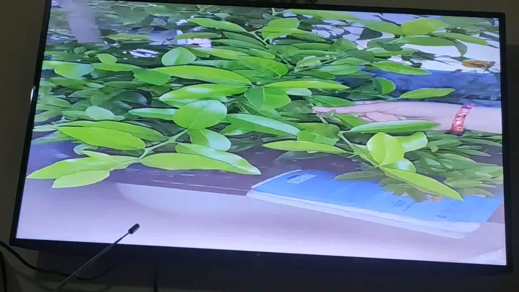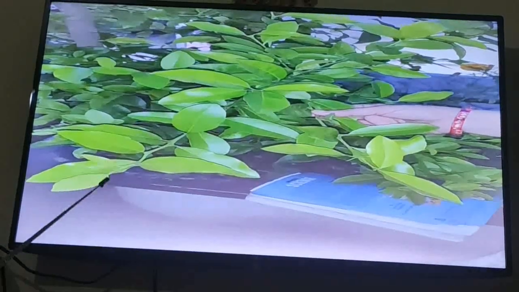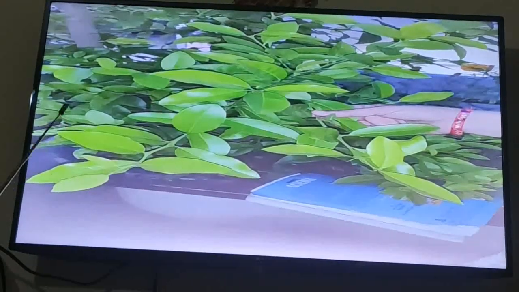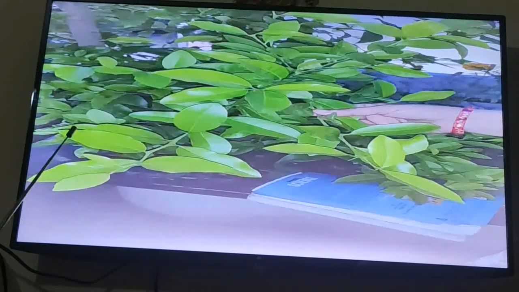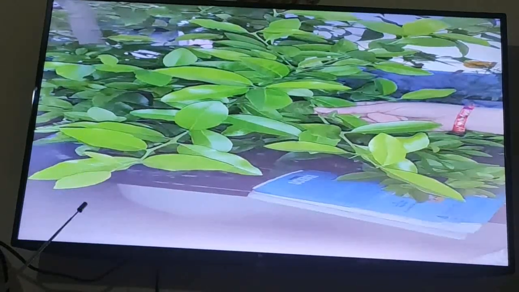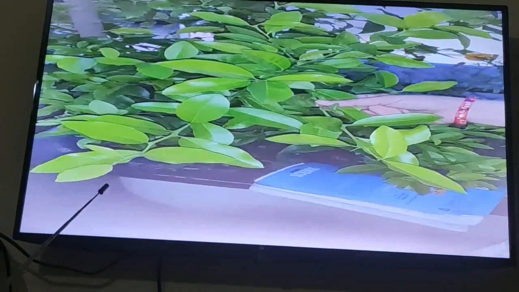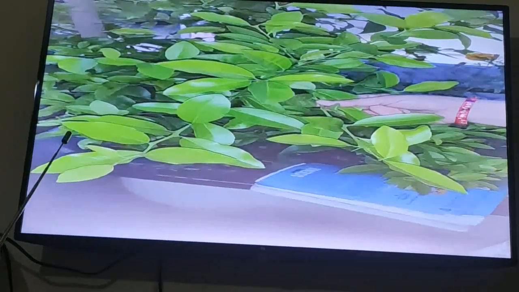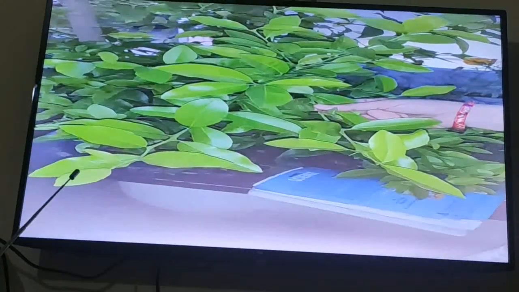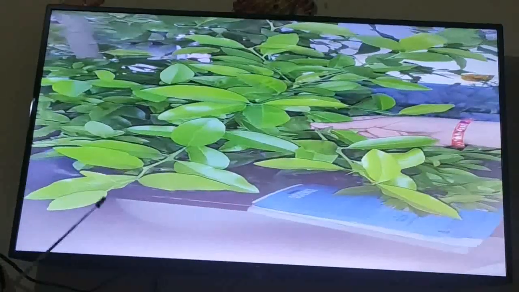That means they evaporate the extra water. That process is called transpiration. And next, the leaves make food for the plants by photosynthesis. In photosynthesis, they prepare their food.